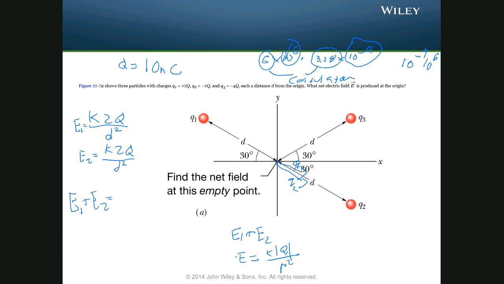It's going to equal 4KQ over D squared. Okay?